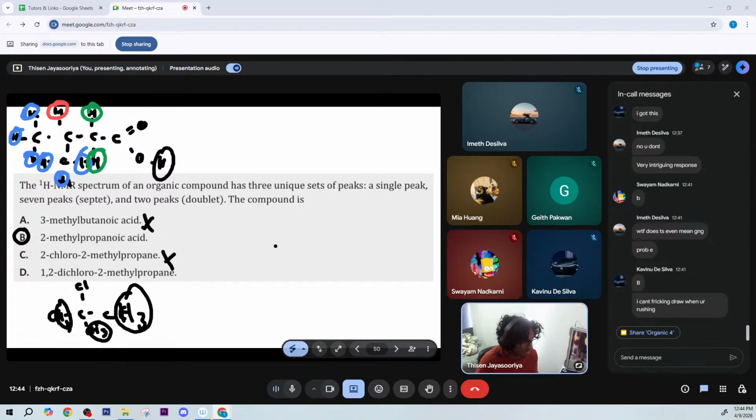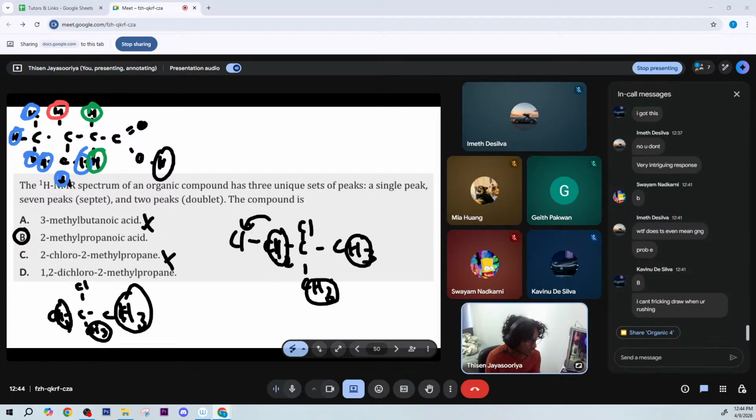And then D, we have here CH3, CH, and then we have a Cl coming off here. We have CH2. Here, these two are in the same environment because they're bonded to the same neighbors and to the same neighbors' neighbors. And then these two are in their separate environments. So there's going to be 2 environments here.